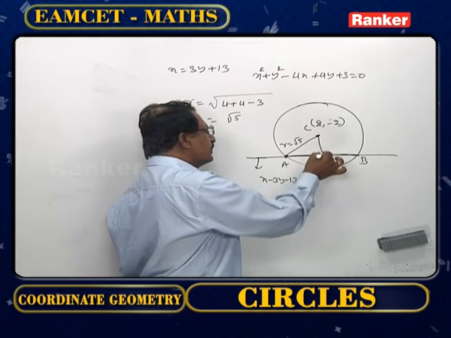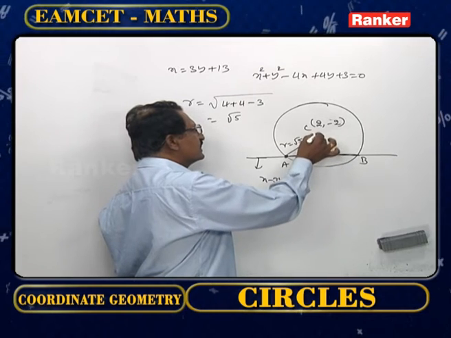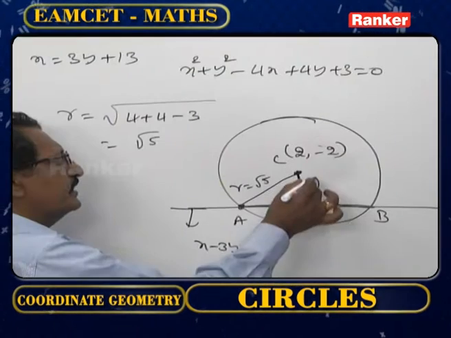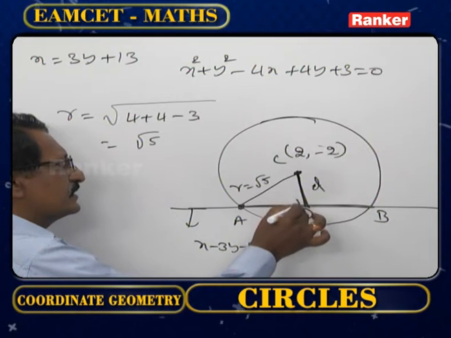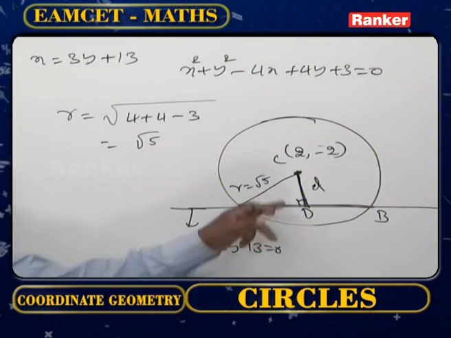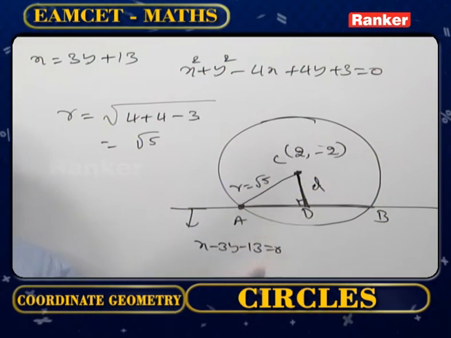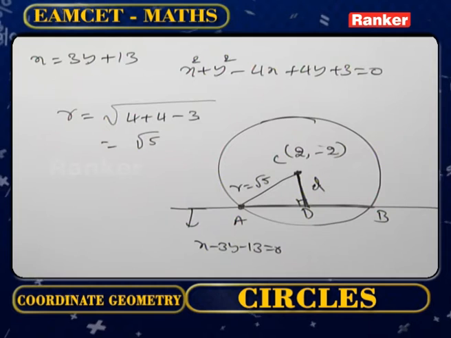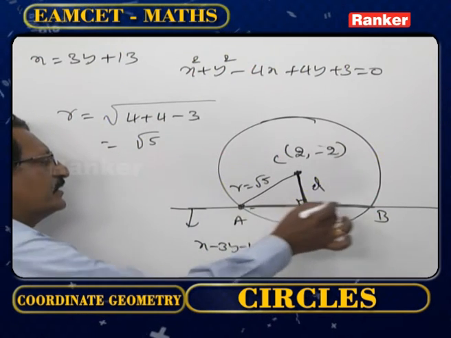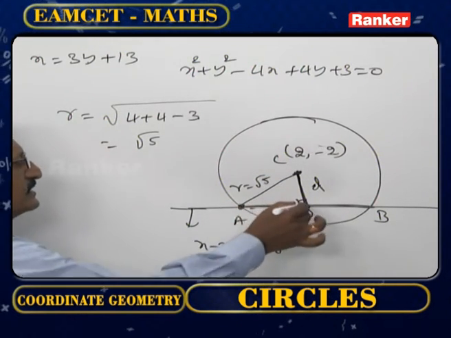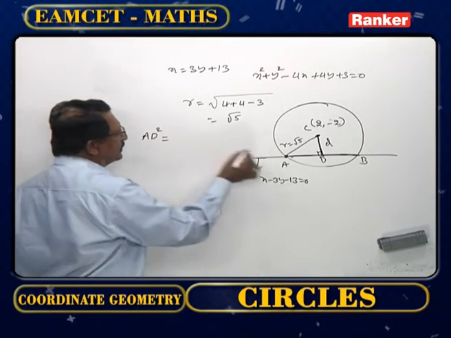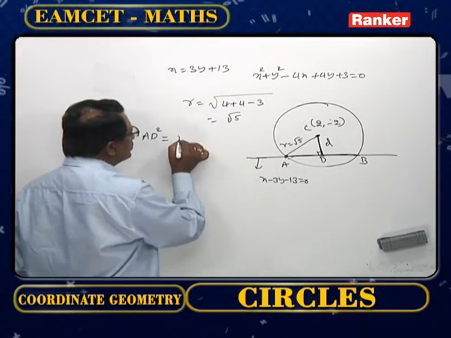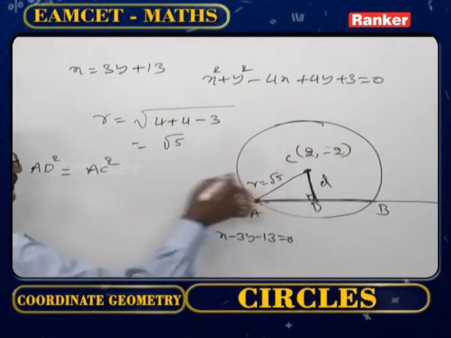Now, suppose the perpendicular distance from the center of the circle to the chord is d units. Consider CD perpendicular to the chord AB, and D is also the midpoint of AB. Now, in triangle ACD, AD square equals AC square, the hypotenuse square, minus CD square, the side square.